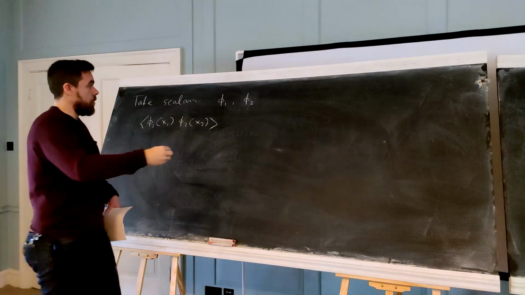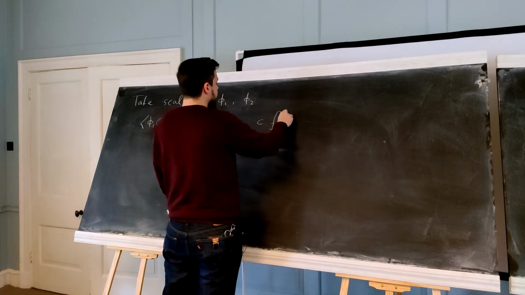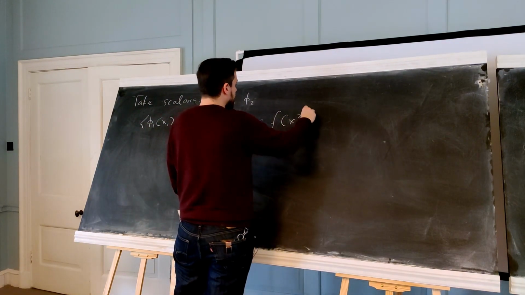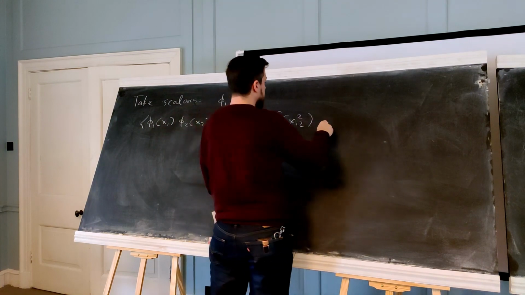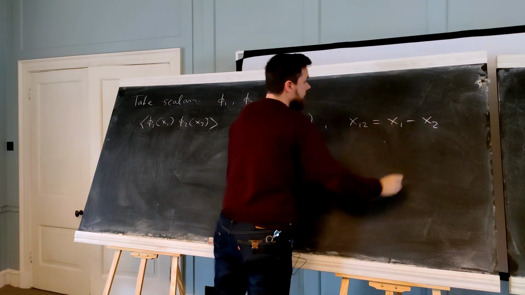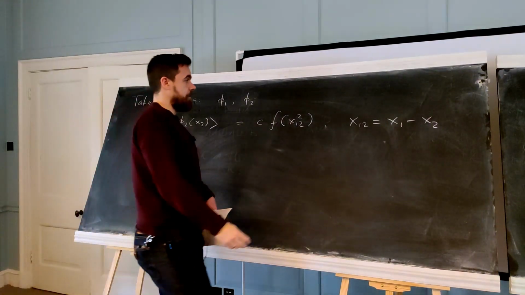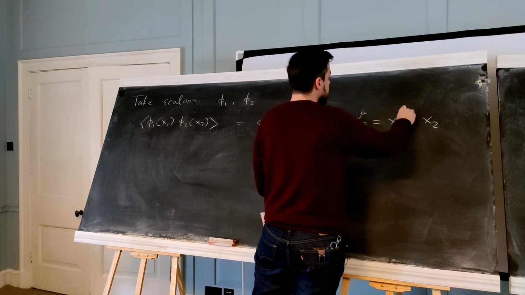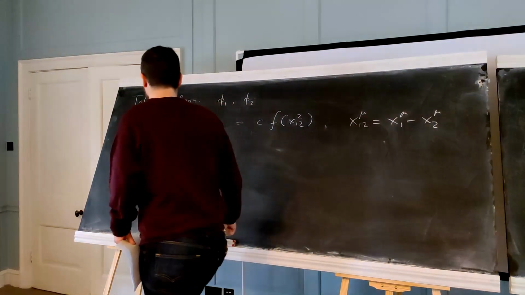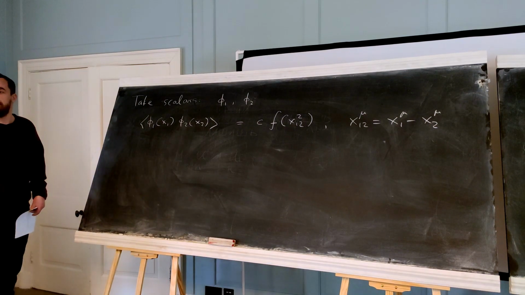So in general, in a Lorentz invariant theory, there will be some coefficient times some function of x12 squared, where x12 is x1 minus x2. That's how far Lorentz invariance gets you.